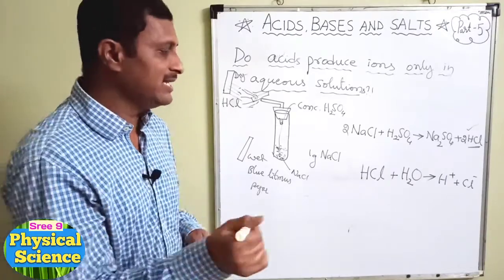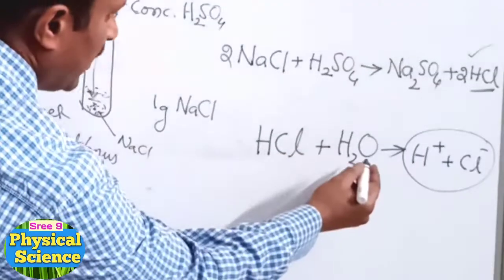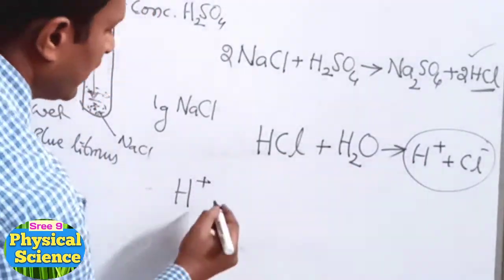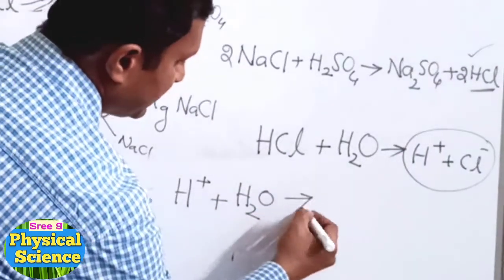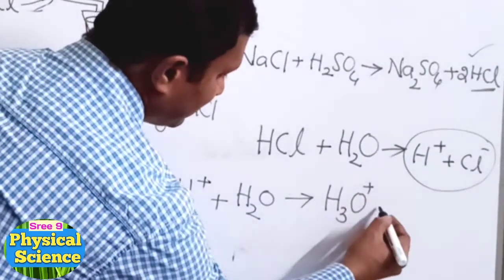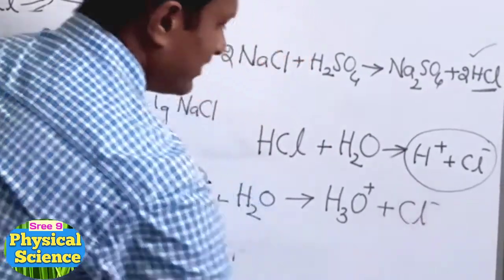Hence we write that these H plus ions react with water molecules and produce H3O plus and Cl minus.